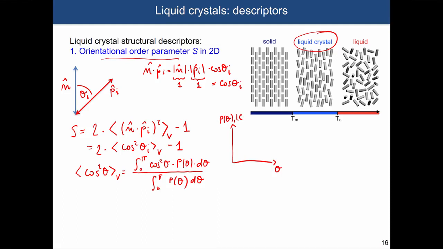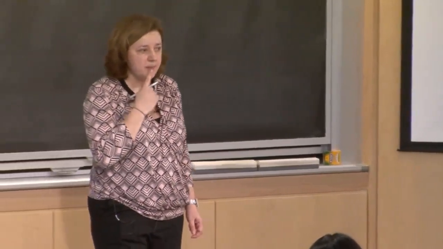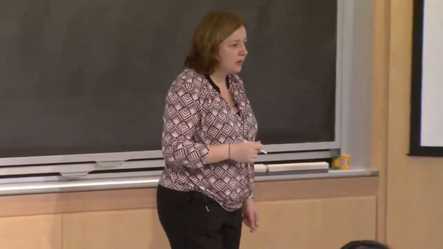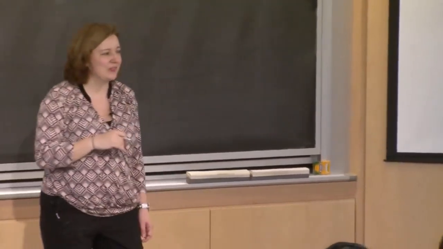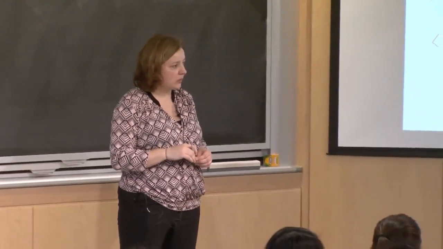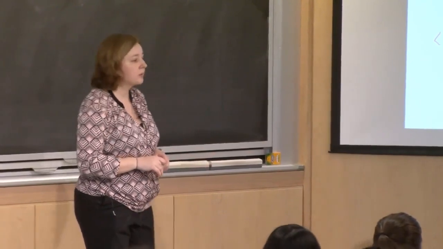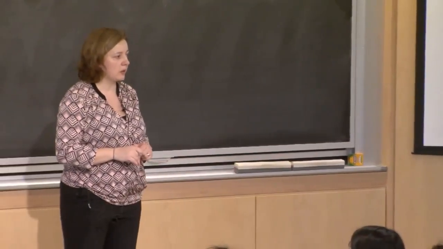This is the probability that you will find an orientation of a molecule in a certain direction. We talked about this last time. Yes? I guess you have a peak, and the middle of the peak would be the n direction. That's right. And then it would just be like a Gauss distribution.